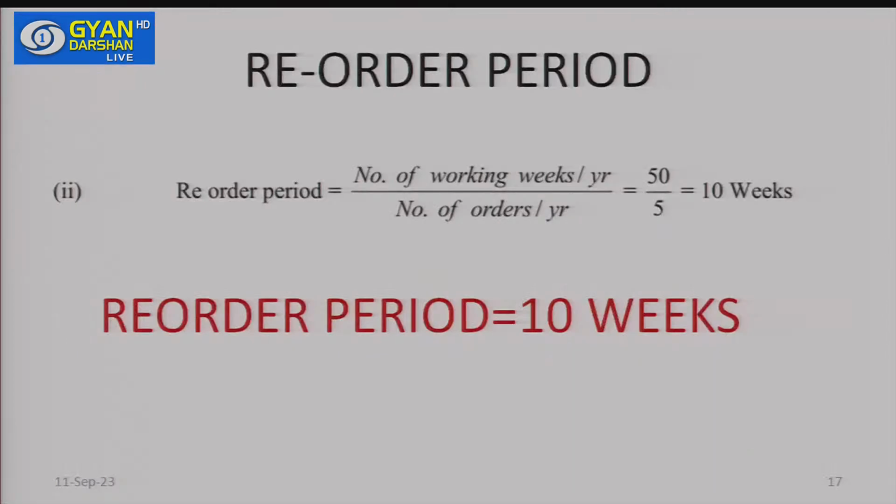We will also calculate the reorder point. In the question, we have been given the number of working weeks per year, that is 50. The number of orders as calculated is 5. So 10 weeks will be the reorder period. By 10 weeks, we have to place the order.